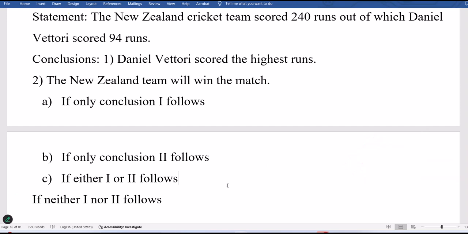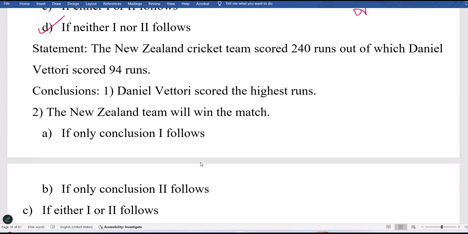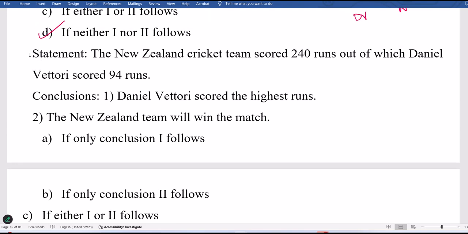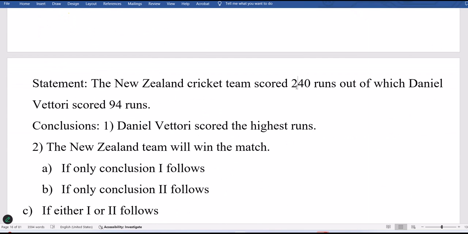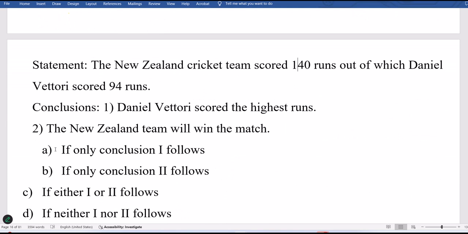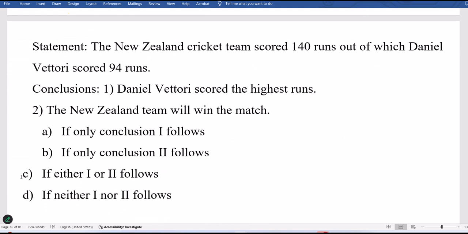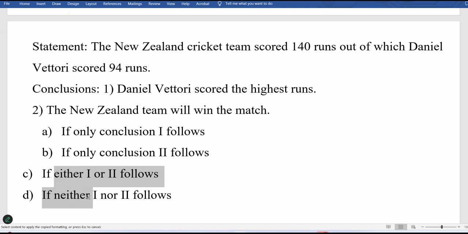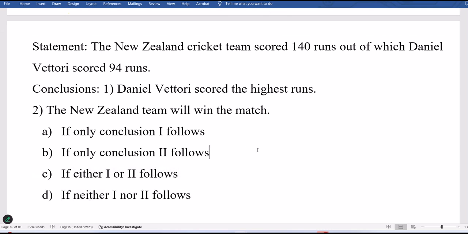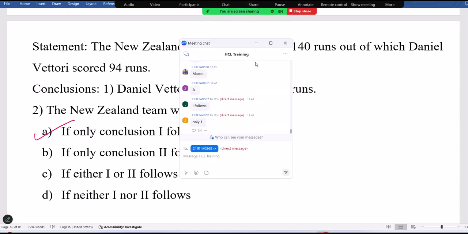What is that change? Now New Zealand scored 140 runs. Now what's your answer? Guys, now what's your answer?